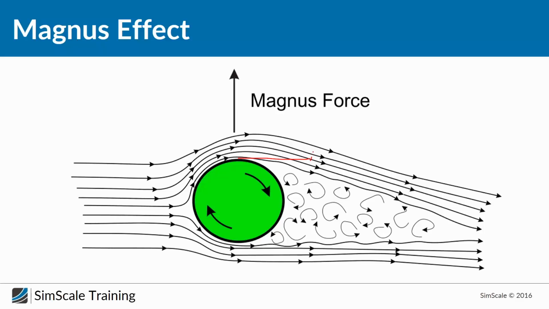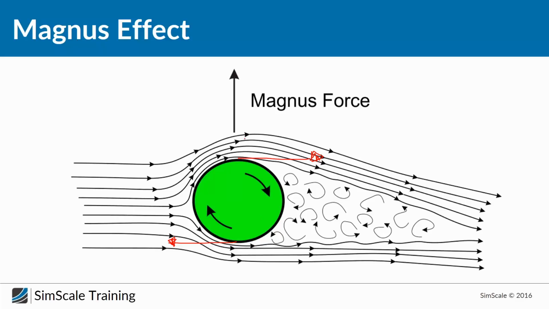So here they will add, but here they will subtract. And the result is that in the direction of the rotation, you have a higher, let's say, effective velocity, and here you have a lower effective velocity.